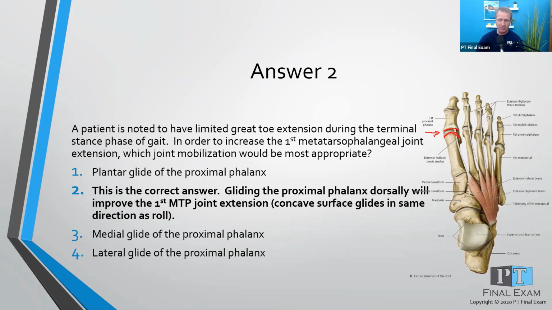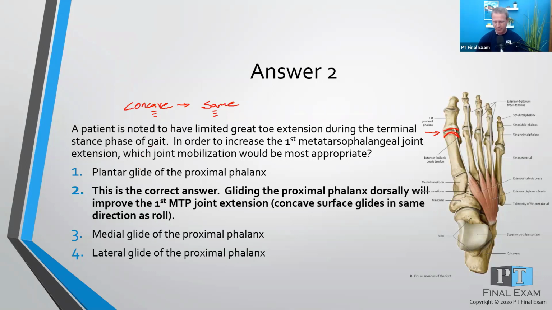So therefore, the convex-concave rules apply. Because it's a concavity, you move in the same direction. I remember there's an A in concave and same. So to move into great toe extension, you need to glide in the same direction. So glide dorsally in order to achieve full great toe extension.